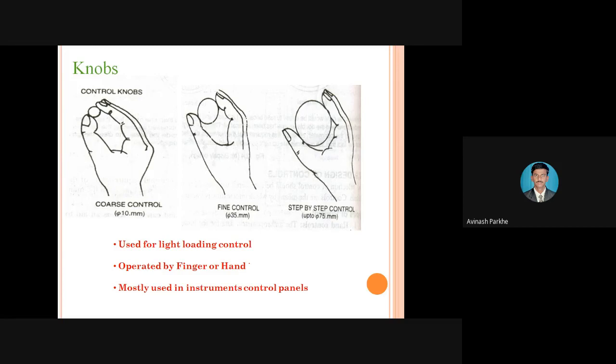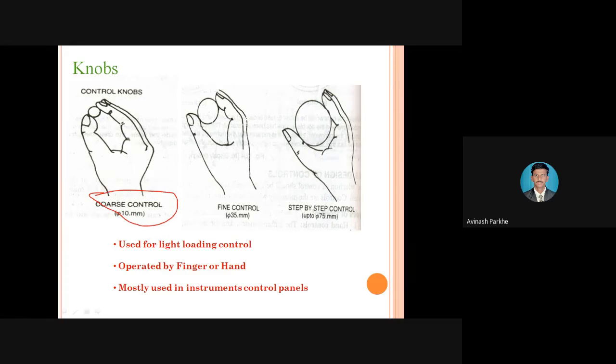Here you can see the first figure, which represents a knob of very small diameter, then a middle knob of bigger diameter, and the third figure has the maximum diameter. The first figure indicates the coarse control, and the diameter of that knob is 10 mm.